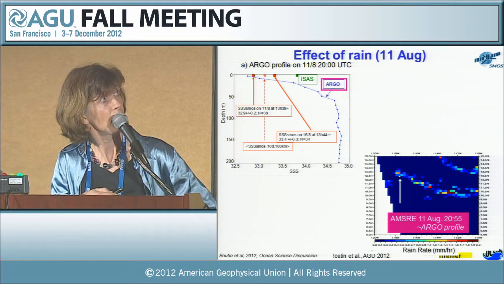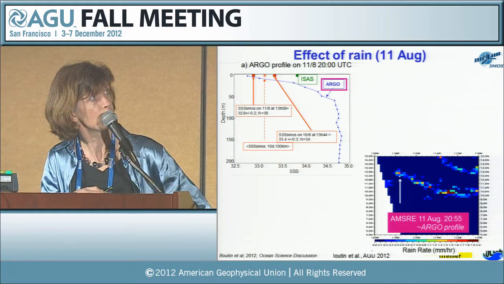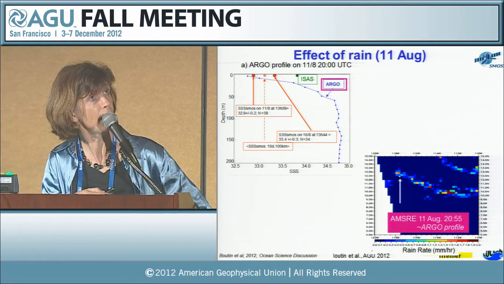In red here, I have drawn the mean SMOS salinity averaged over 10 days from collocated SMOS measurements with Argo. And here you see the two SMOS salinities measured 5 days apart that were collocated with this Argo profile and which participate in this average.